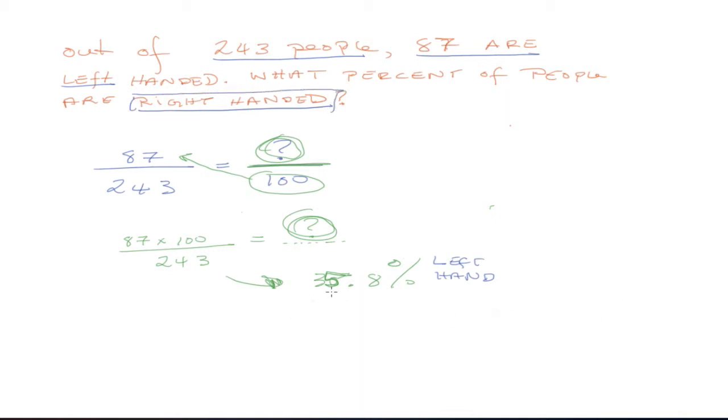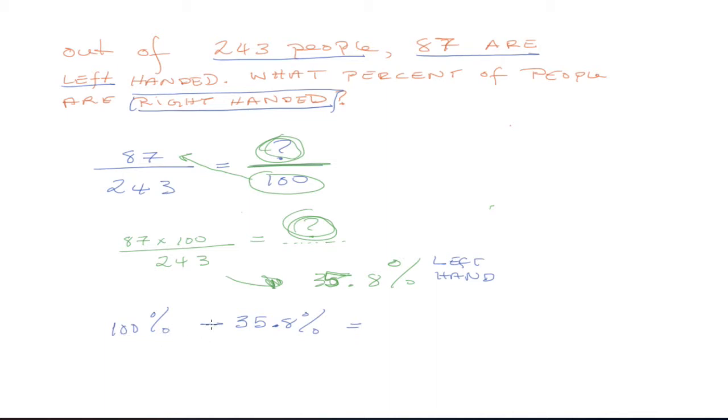So if 35.8% of the people are left-handed and 100% is everybody, then to find out the other people who are leftovers, you take 100% of the people, you take away the left-handed people, that's minus 35.8%. So if you subtract the left-handed people, whatever's left over must be the right-handed people.